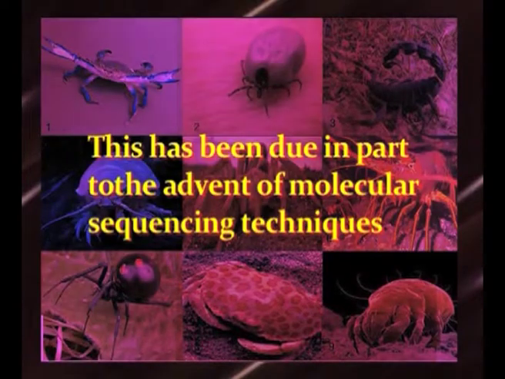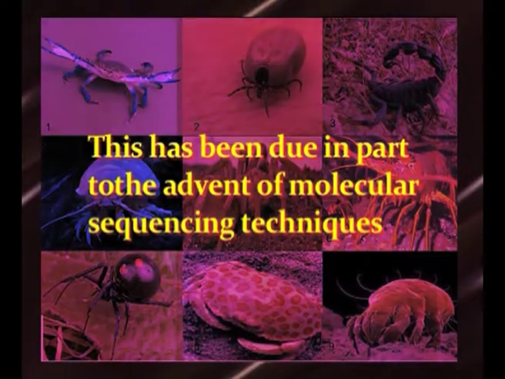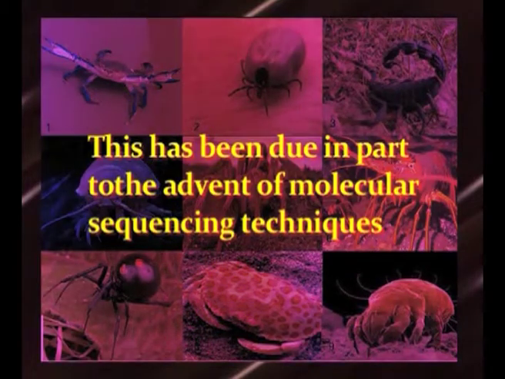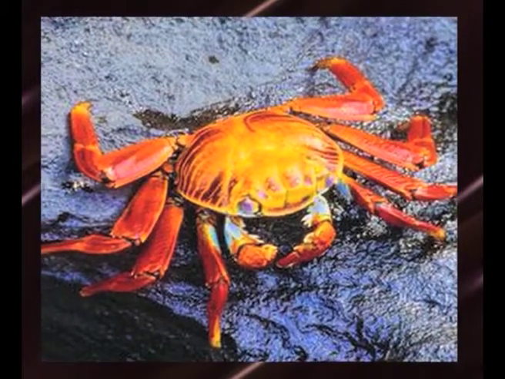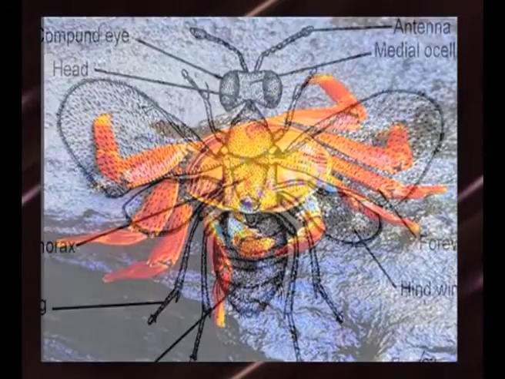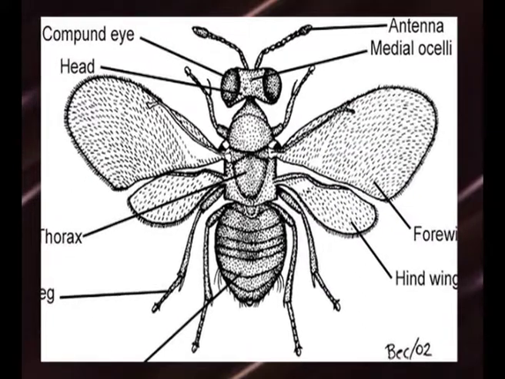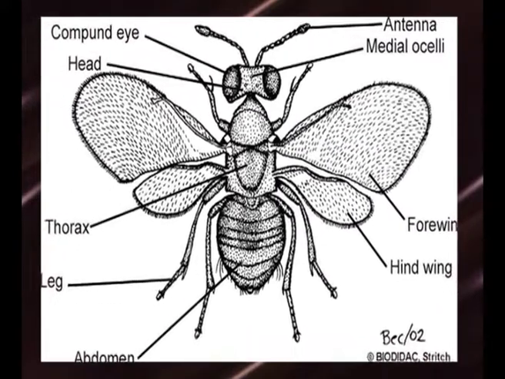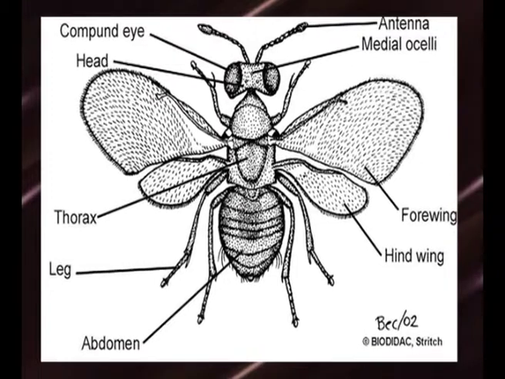This has been due in part to the advent of molecular sequencing techniques. A novel, non-morphological hypothesis linking crustaceans and hexapods was primarily based on the analysis of a single gene or a handful of genes. However, as the science advances and the techniques of extraction improve, the case for monophyly appears to be more solid.